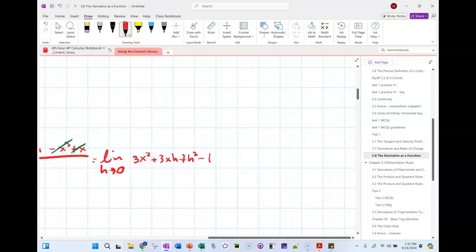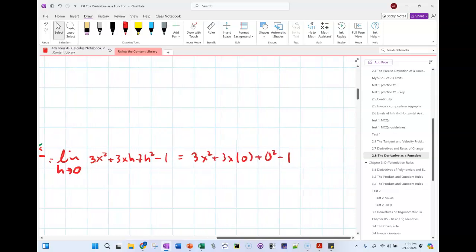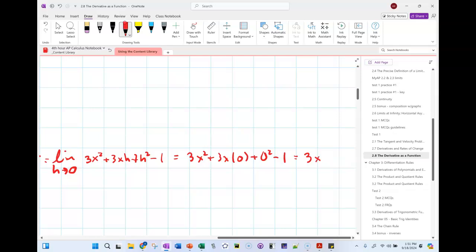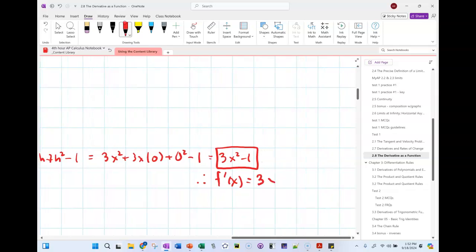What do I do now? Yeah, we plug 0 in for h. So we're left with 3x squared minus 1.